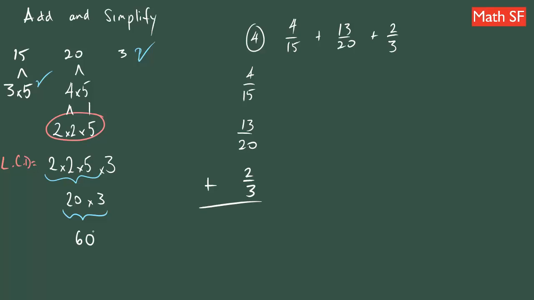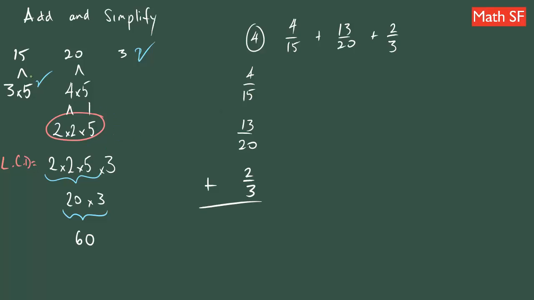Now, it means that we need to make every single denominator a 60. Like 15 times what number should give you 60? As I say in class, one of the ways that you could check is to divide 15 into 60, or since you did your LCD, you can check what numbers make the 15.